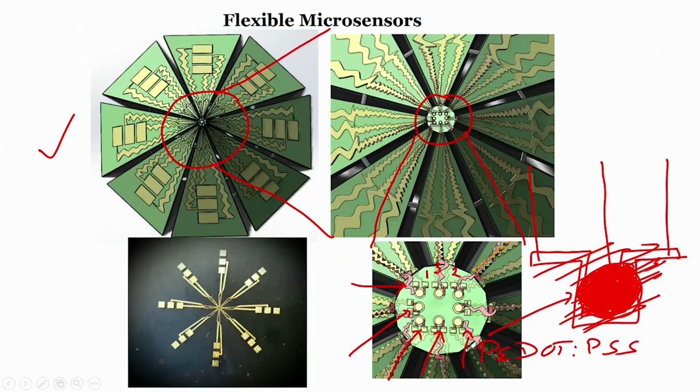On this, there is an electrode in the center, and this electrode is made up of gold, alright. The strain gauge, I told you, is PEDOT:PSS, and this is the flexible substrate.